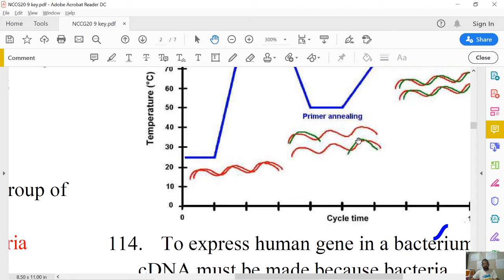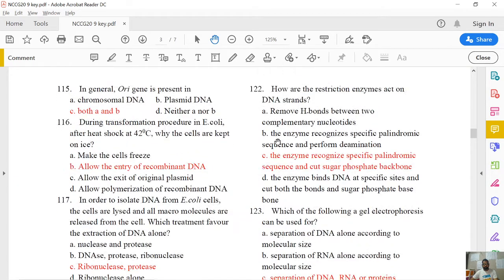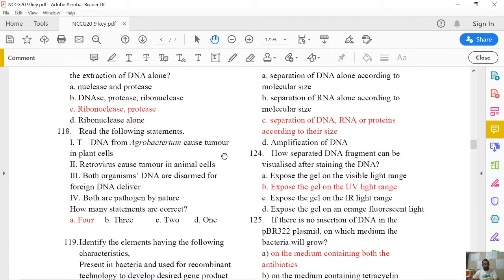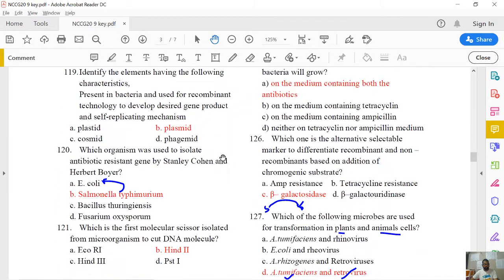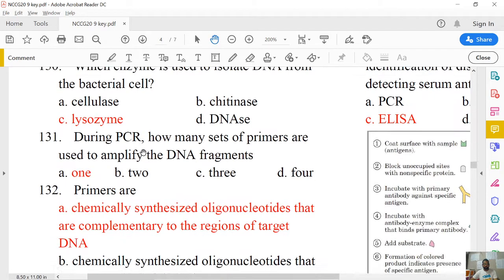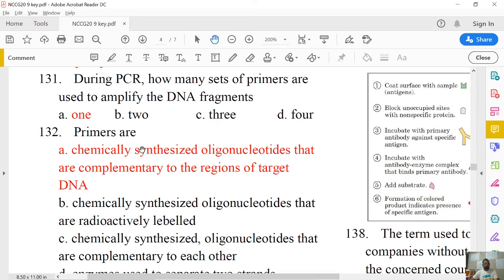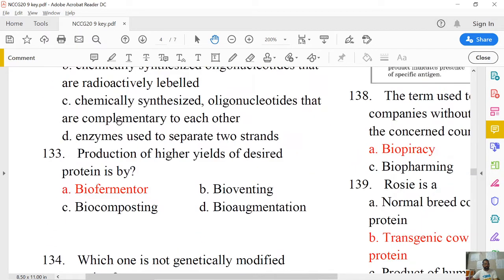This sequence will be different, this sequence will be different. So I need two different primers. So one set of primers is required. So the answer is one set. Primers are chemically synthesized oligonucleotides that are complementary to the regions of target DNA. So that's where the polymerization will start.